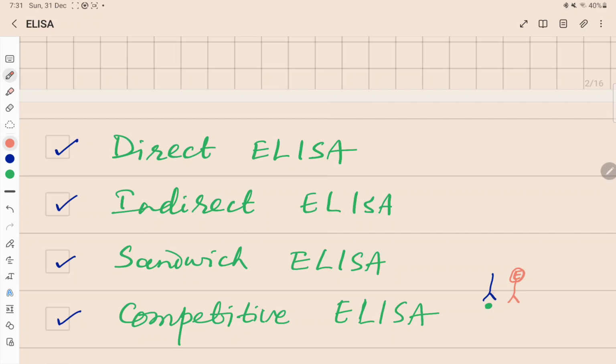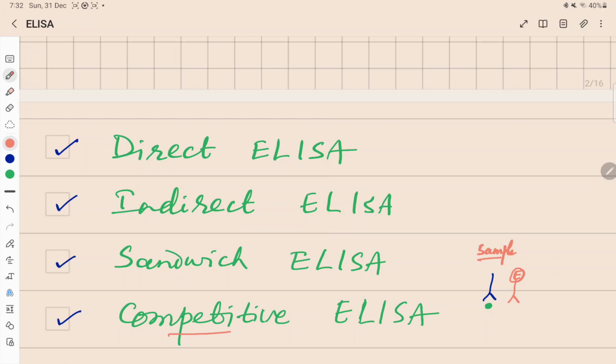Unconjugated means it is from the sample, so one antibody from the sample and the other enzyme conjugated antibody. So there will be competition between the antibody in the sample and the enzyme conjugated antibody. If the antibody in the sample is more, then that will bind to the antigen, and if the antibody in the sample is less, then this enzyme conjugated antibody will bind to the antigen. So that is competitive ELISA.